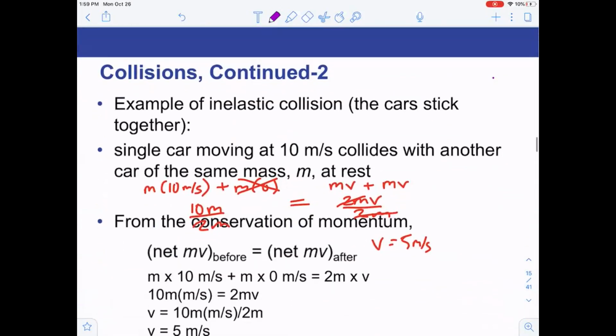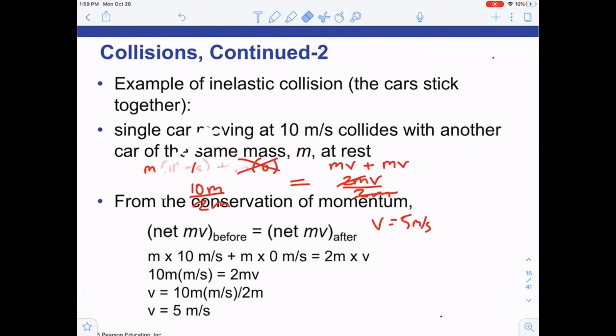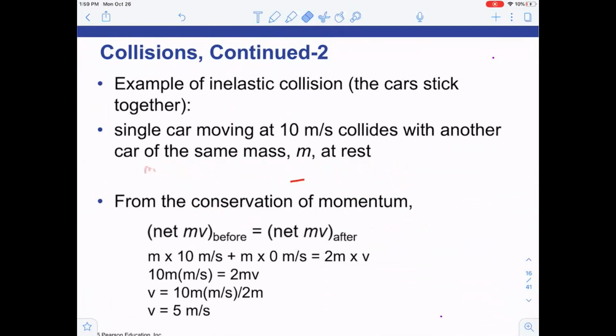So here's a particular example. You have a single car moving at 10 meters per second, and it collides with another car of the same mass, which is at rest.